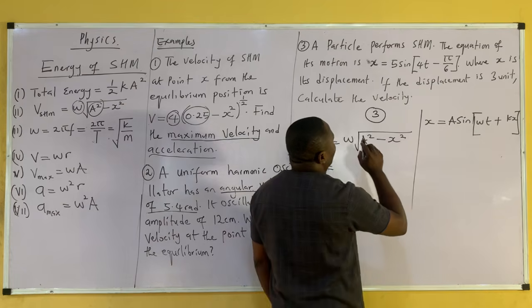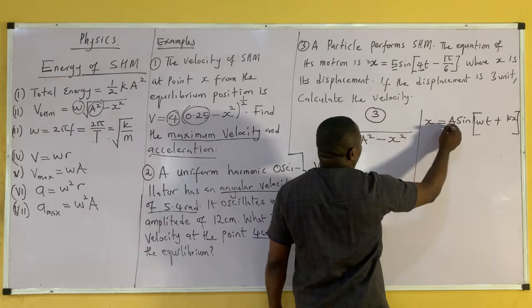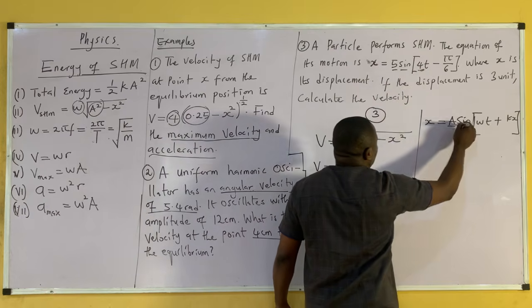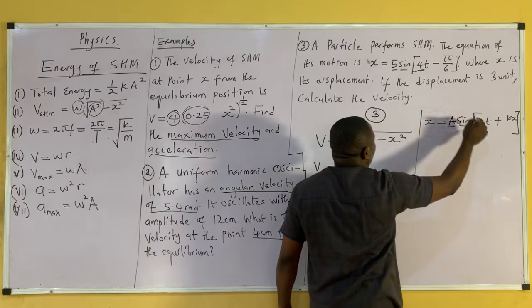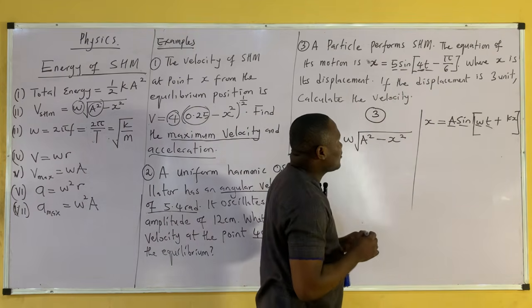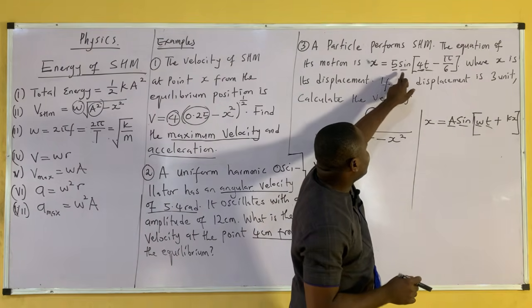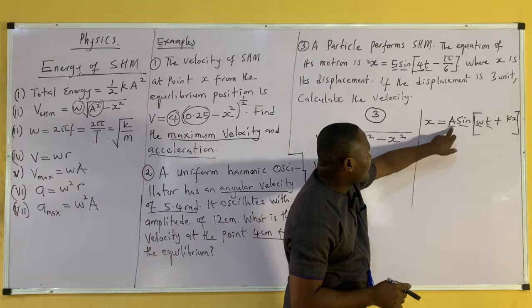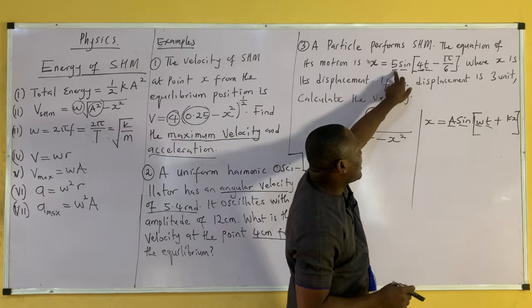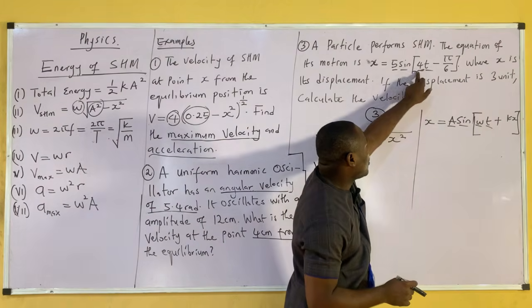In this formula, A is my 5, W is 4. So this is the displacement formula. Now I can tell you that my A is equal to 5 and my W angular frequency is equal to 4.